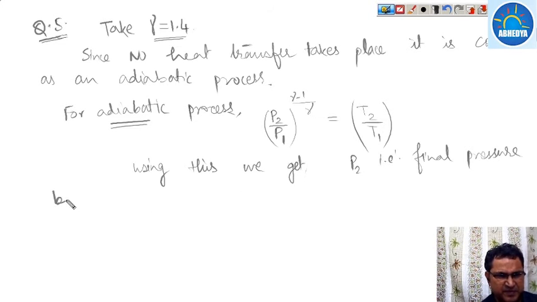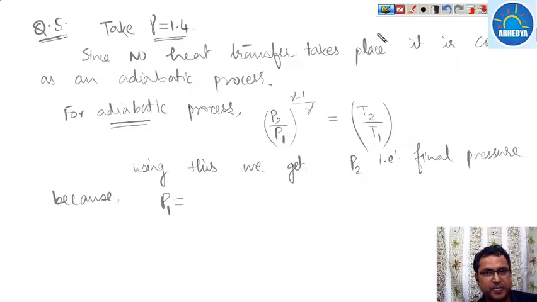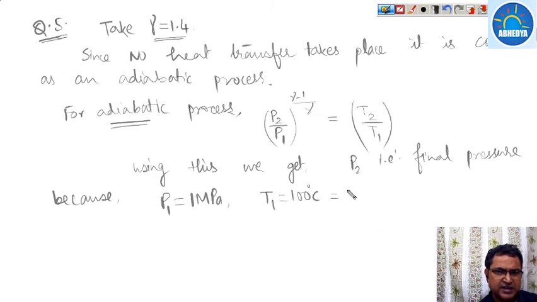Because what is P1? P1 is given as 1 megapascal, T1 is 100 degrees centigrade, that is 373 Kelvin, and T2 is 30 degrees centigrade, that is 303 Kelvin.